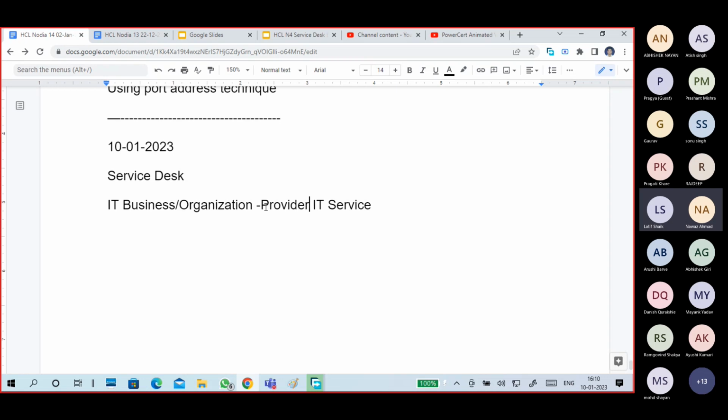It provides IT services to whom? IT organizations and non-IT organizations. To whom? IT organizations, non-IT organizations.